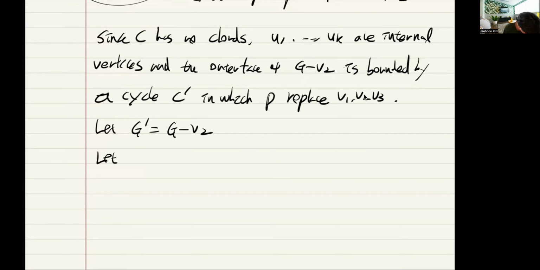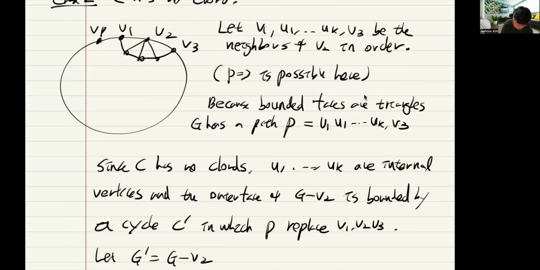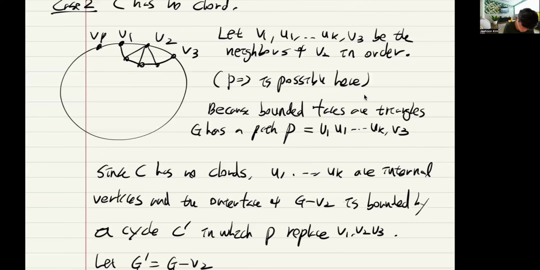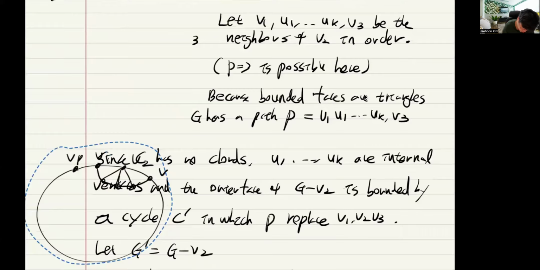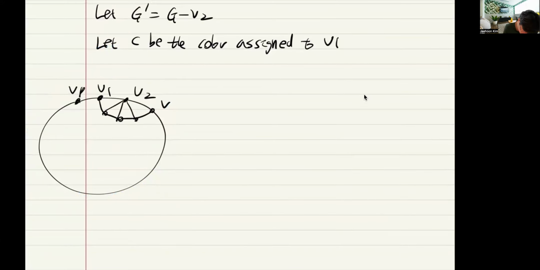So what? Now that C is the color assigned to P1, let's say this is colored with C. Then what do you know?